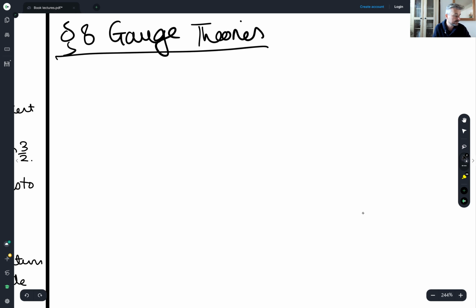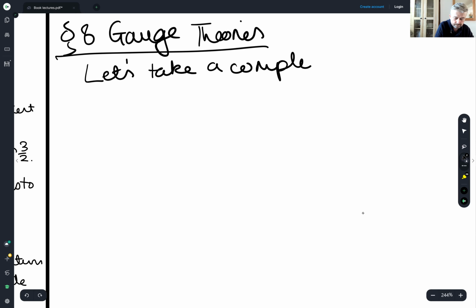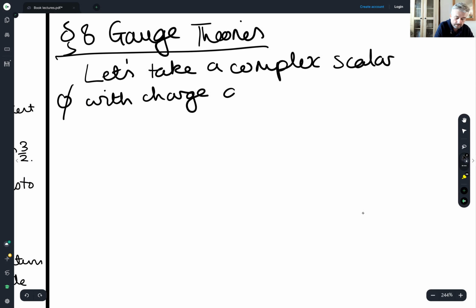Section 8, gauge theories. So let's take the theory of a complex scalar, phi. And it's got some charge Q under a U1 transformation. So Q is an integer, and it better not be zero, actually.